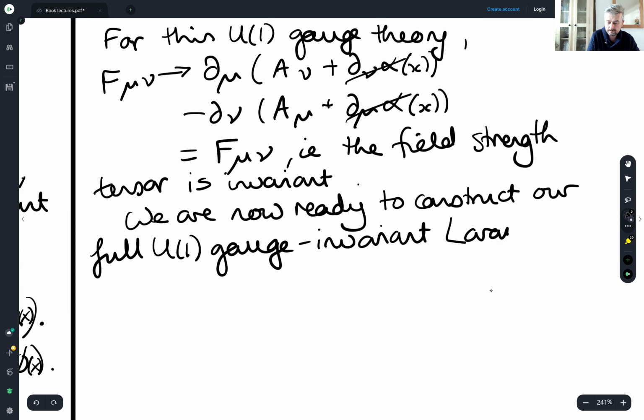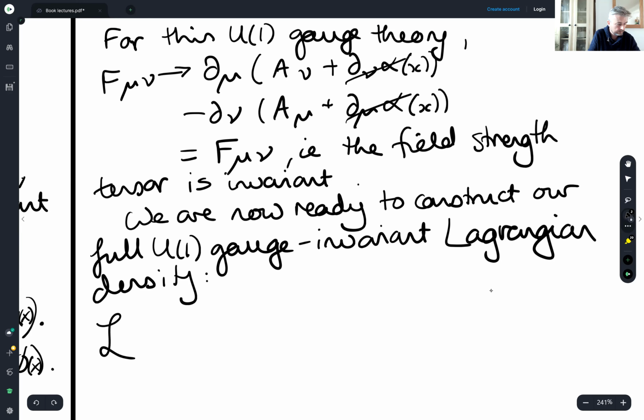Lagrangian density, Lagrangian. I'm going to call this scalar QED. So this is minus 1/4 F mu nu F mu nu.